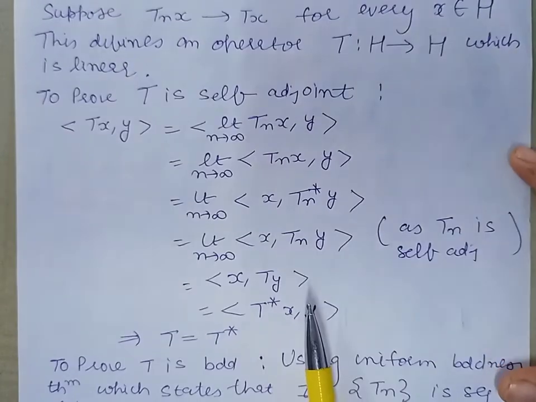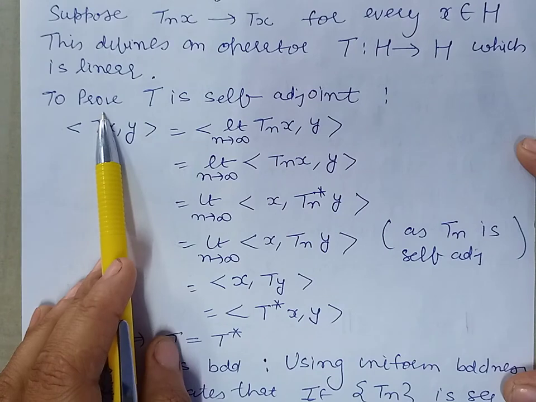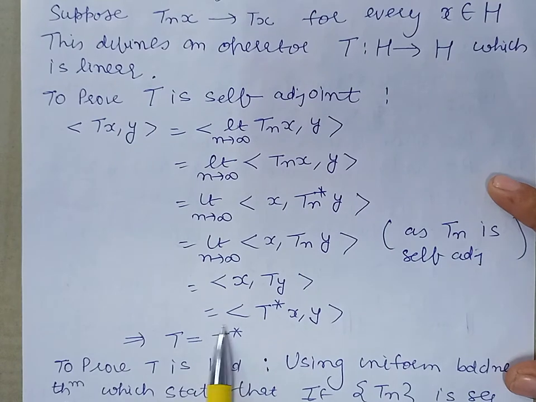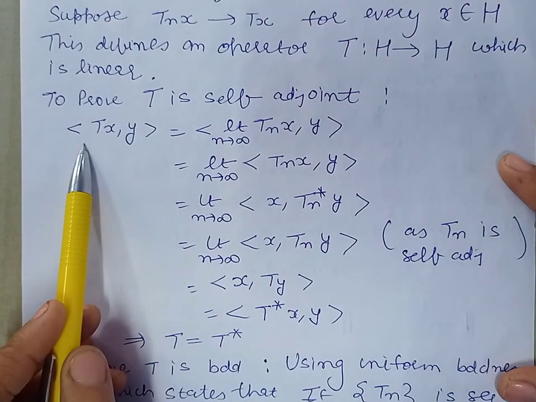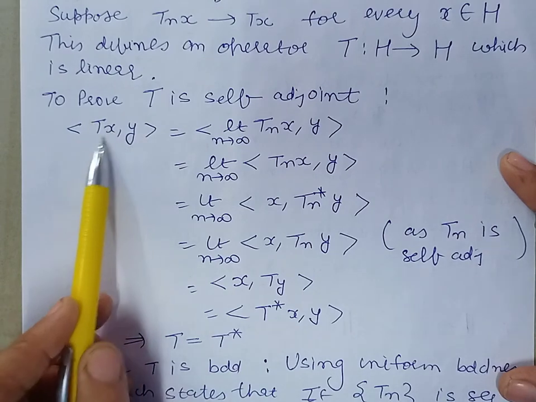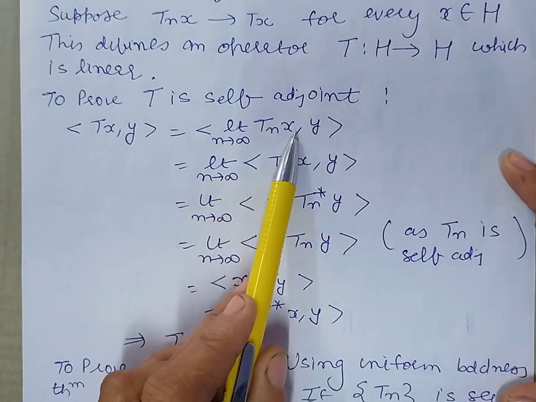So first of all, we prove that T is a self-adjoint operator. To prove T is self-adjoint, we prove that T is the same as its adjoint. So for this, let us consider the inner product of Tx with y. Now by definition, Tx is the limit of the sequence Tnx.